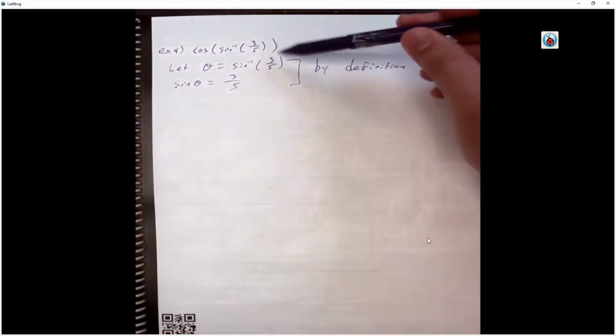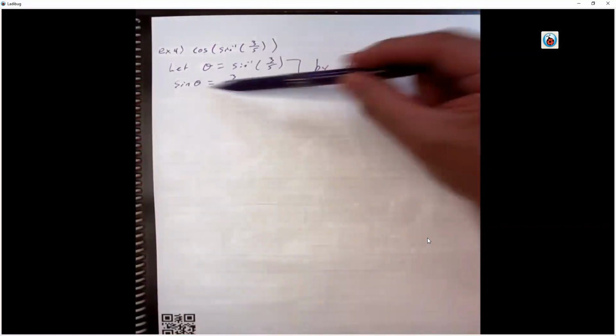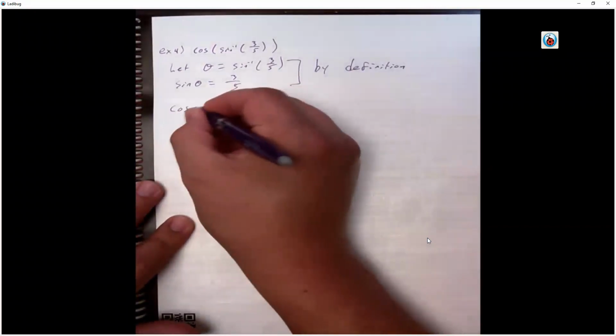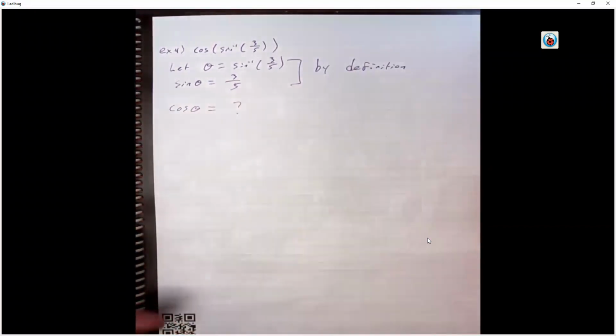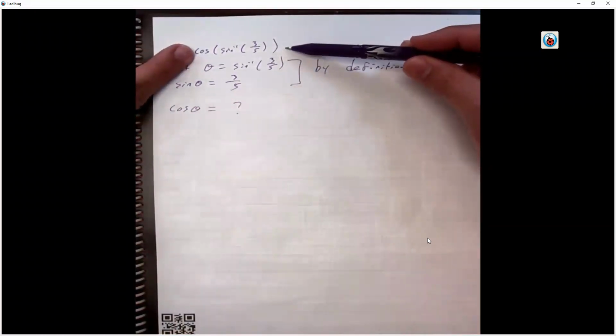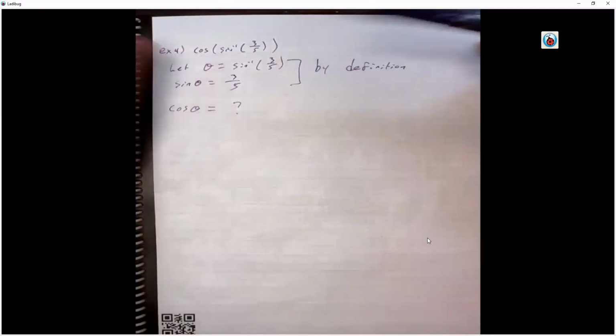Right, so I labeled it and then used the definition. So now that you have sine, right, what they're asking for, I substitute my theta, they want to know what is cosine. Right, that's the actual question. This thing up top is asking you, what is cosine given this information? Right, so just build your triangle.